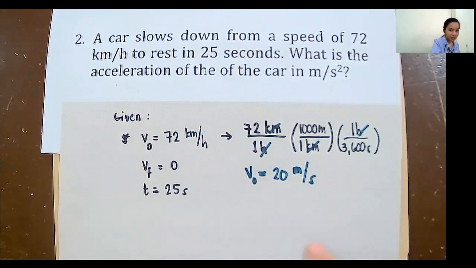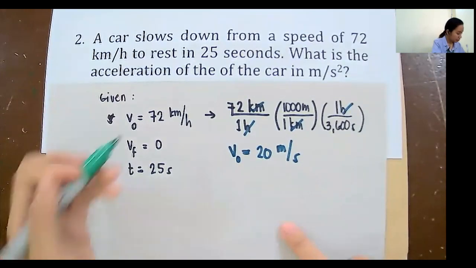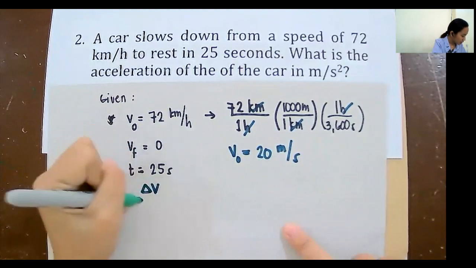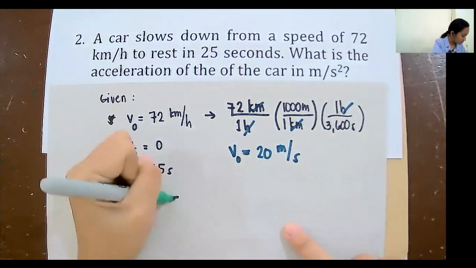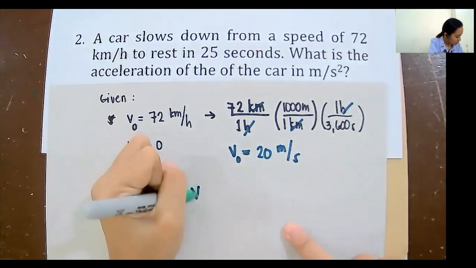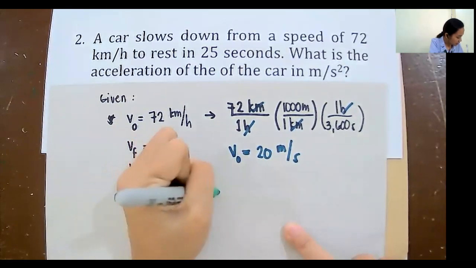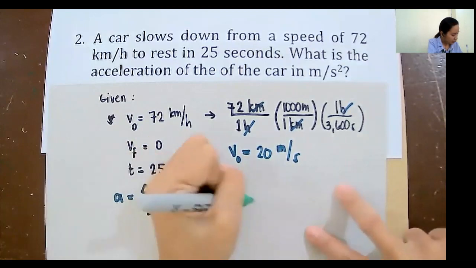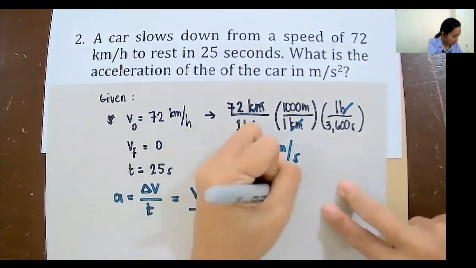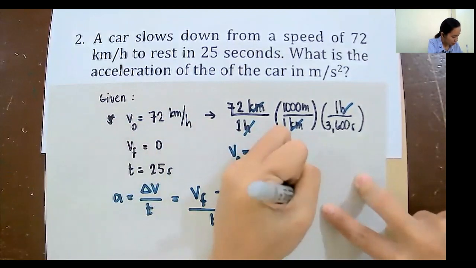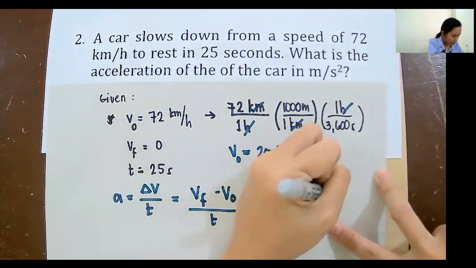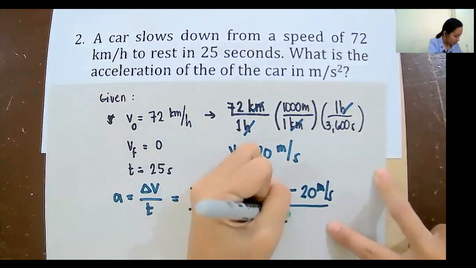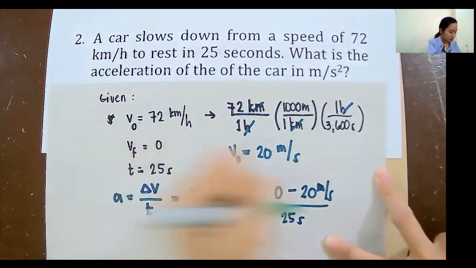Now, to solve for your acceleration, we are going to use the formula delta v over t, your final velocity minus your initial velocity over time. So your final velocity here is 0 minus your initial velocity 20 meter per second, divided by your time, 25 seconds.